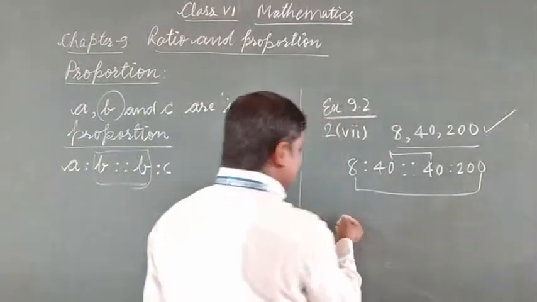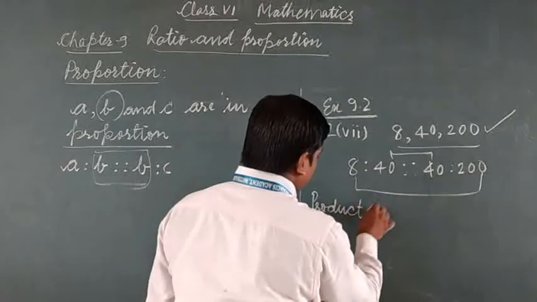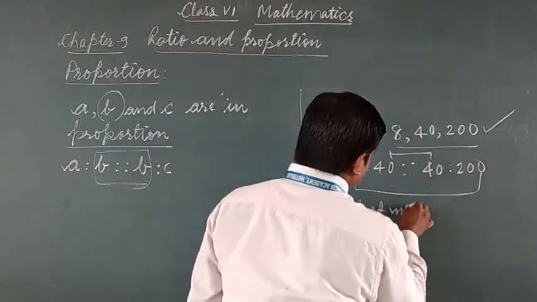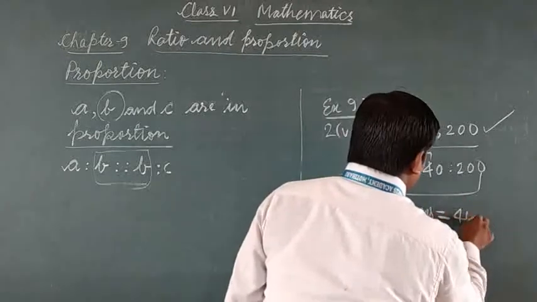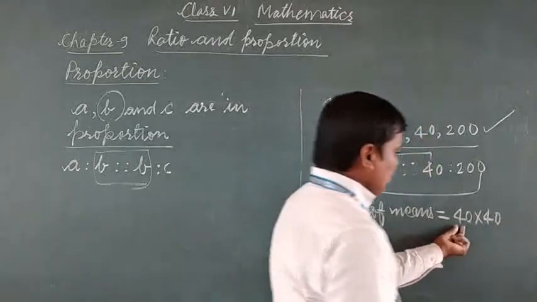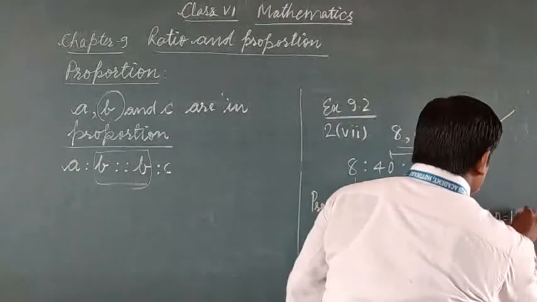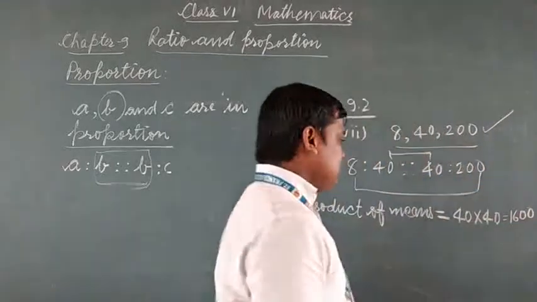So we write the product of means: 40 into 40. What will be the product? 4 fours are 16 and we put two zeros, it will come 1600.